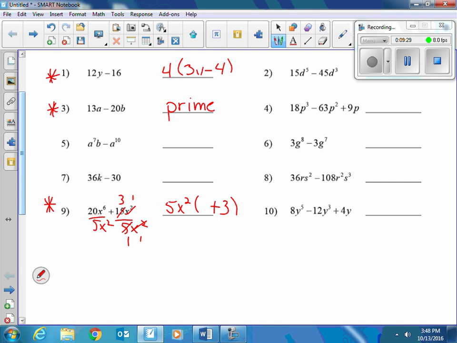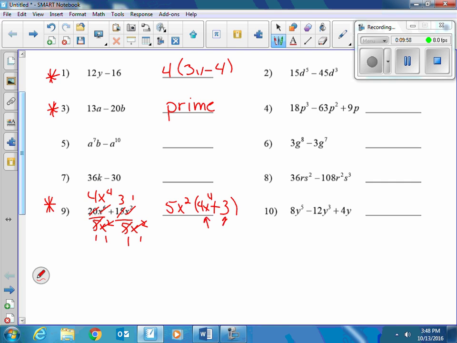Remember, when you're dividing like this, you subtract exponents. So x squared goes into x to the 6: 6 minus 2 is x to the 4th. 5 goes into 20, leaving 4. So it's 4x to the 4th plus 3.